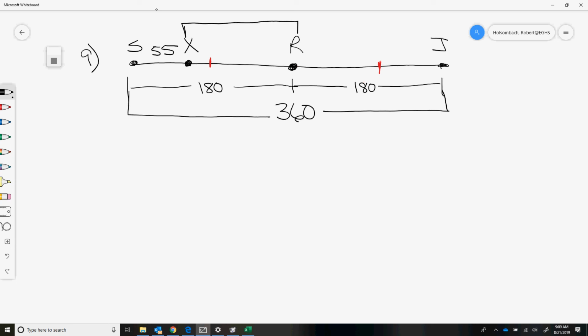Well, we know that S to R is 180 because R is at the midpoint. So isn't X to R going to be equal to the 180 minus the 55 that they've already traveled? Agreed? All right, so 180 minus 55 is 125 miles.